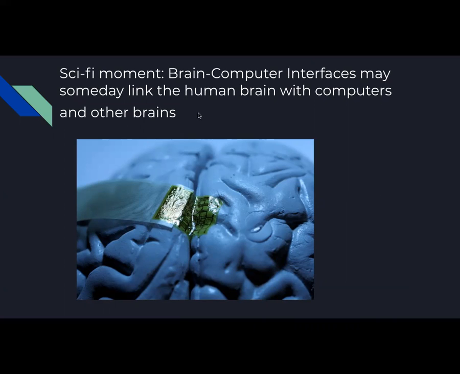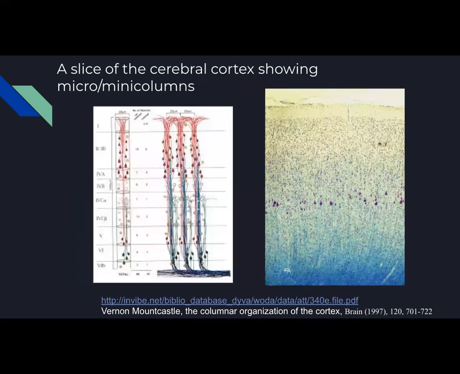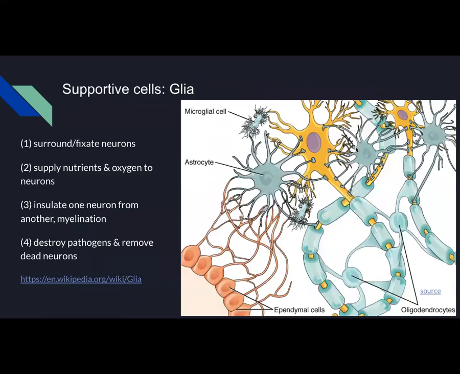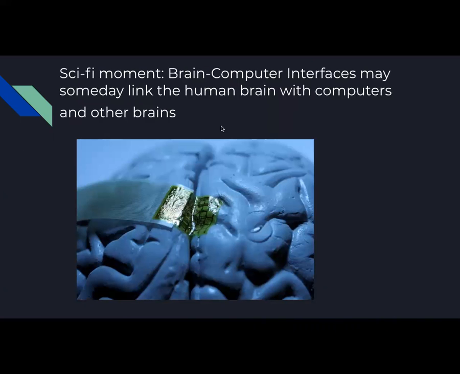If we're able to decode the neural coding of brain signals through cortical columns or other interactions, long-range interactions, and engineer better interfaces that can either go into the brain or work outside the brain.